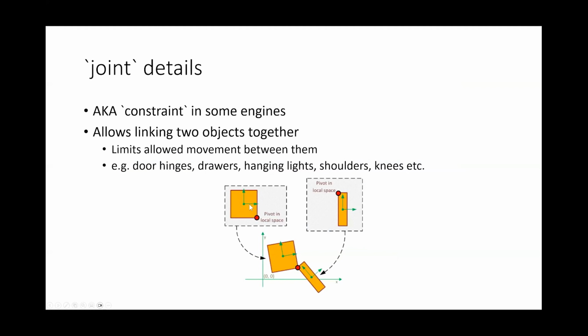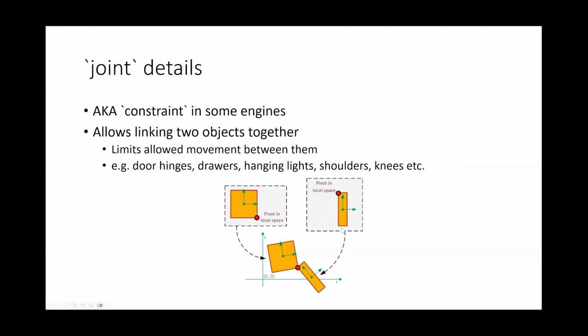So you have two objects. They might be aligned in the scene. They might not, depending on how they're authored. But in general, you want to say, this is my door frame. This is where the hinge is located on that door frame. And this is where the hinge is located on the actual door.